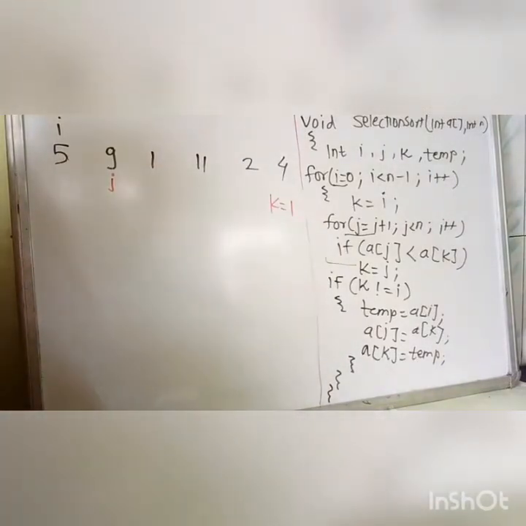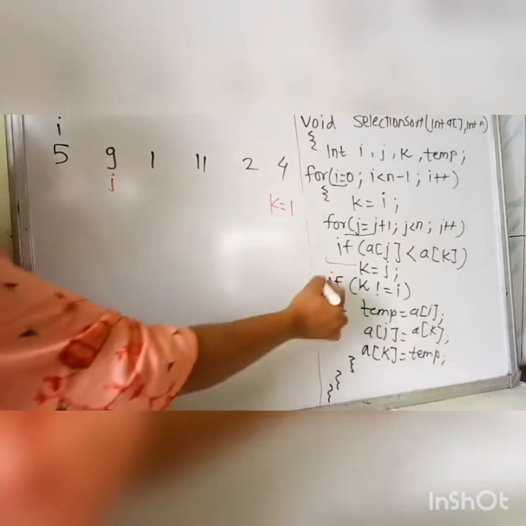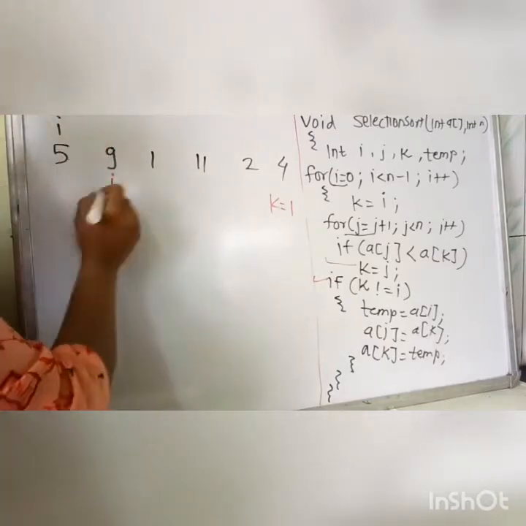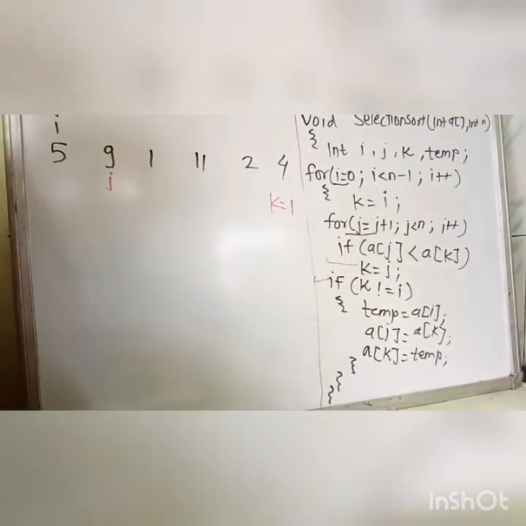Now we come to this if condition. If k not equals i, then as we know that i is 0 and k is 1, both are not equal, so we will swap these elements.